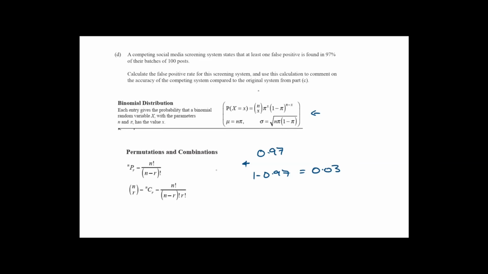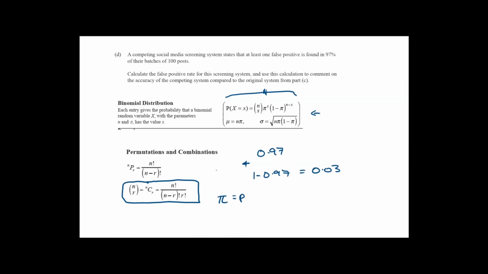So we are going to use this one here and this one here to work out what the probability is. Now, the probability that we're trying to find, they give it as pi.